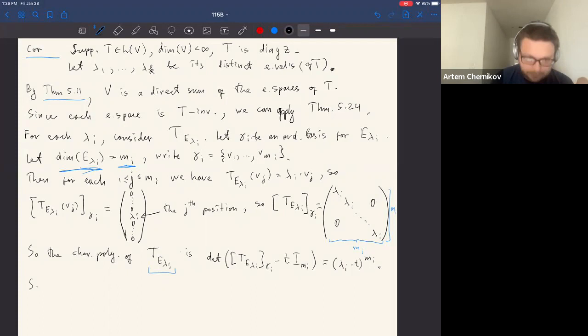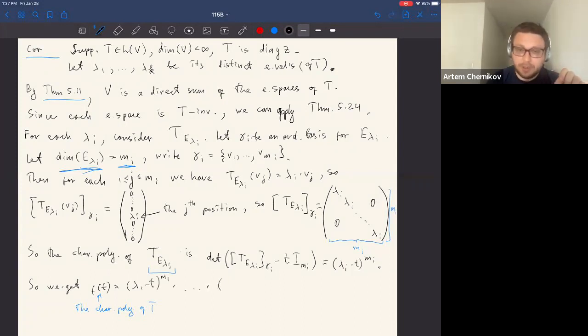So we get that the characteristic polynomial f of t, of T itself, is going to be the product (lambda 1 minus t) to the power m1 times, etc., times (lambda k minus t) to the power mk, right? And this k corresponds to the number of distinct eigenvalues of the operator.